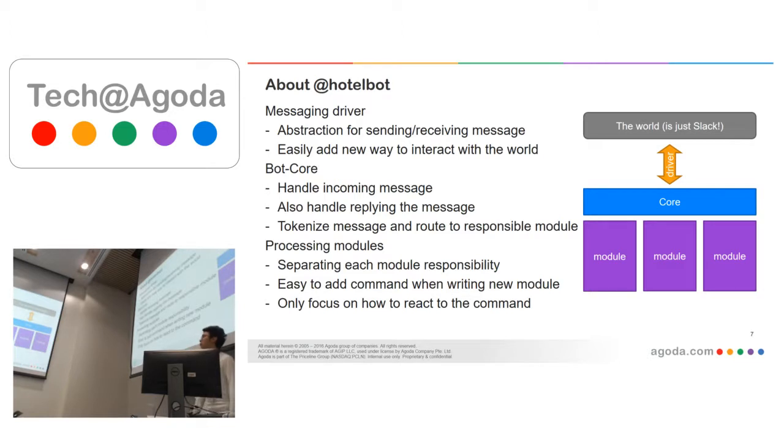And there is a core, which handles which function to call when a message comes in, or how to handle exceptions, if there's a Slack timeout or the Slack API is down, something like that. And the third part is the module, so we can have different functionality. At first, it has only one, but in my list, I want to do a lot of things, more than just this one. So I want it to have several modules.